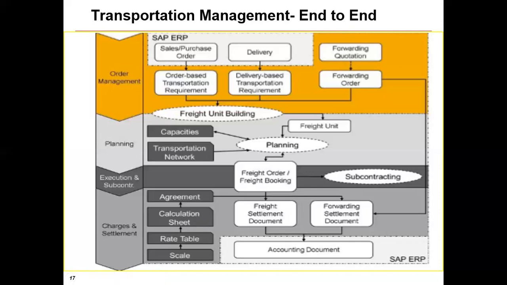If we click the calculation sheet, we can see the rate table. If we click this rate table, we can see the scales. But we should not define the scale directly in the agreement at all. It is the normal best practice followed by SAP, which is unique across the world.